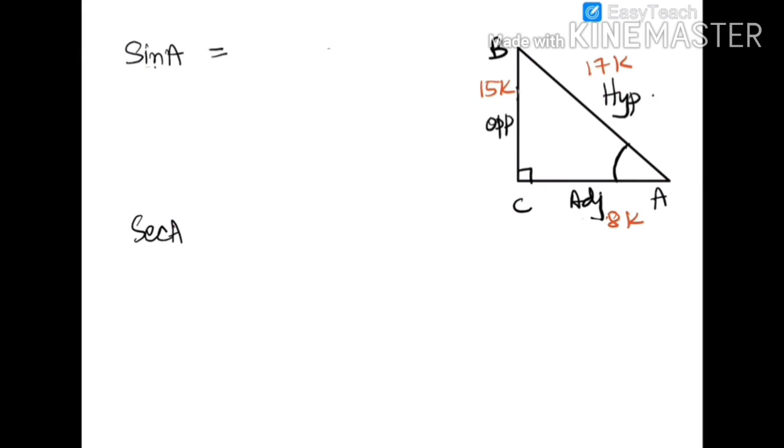So let's write down these ratios. Sin A is opposite upon hypotenuse, which is BC upon AB, that is equal to 15K upon 17K. So that is 15 upon 17.